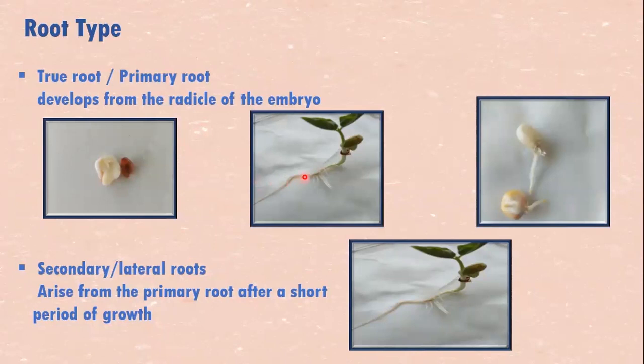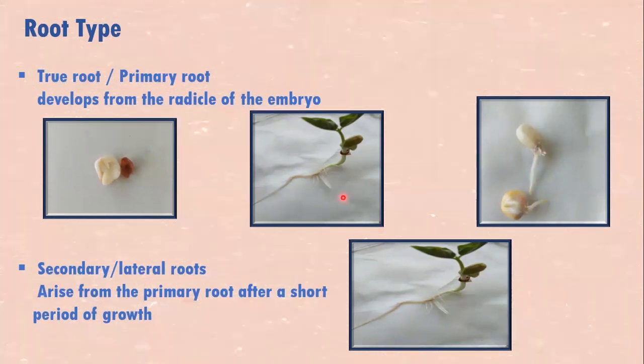So we come here, this is a true or primary root. This root developed from the radicle. If you go to the monocotyledons, maize seed, this root growing out of the radicle is a true or primary root.